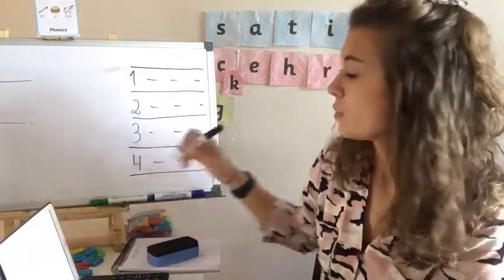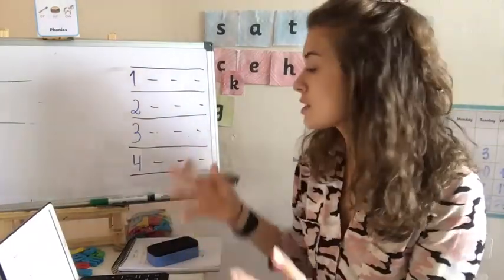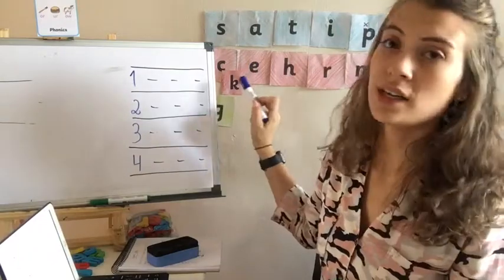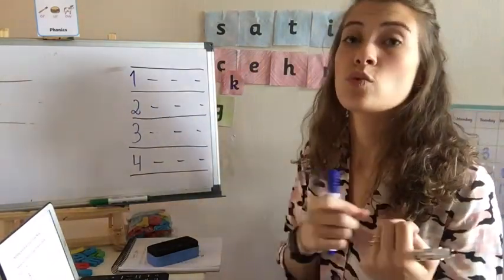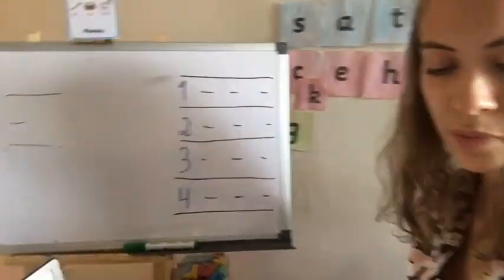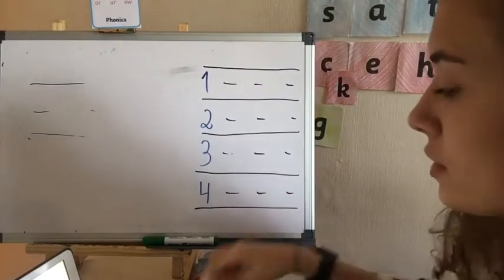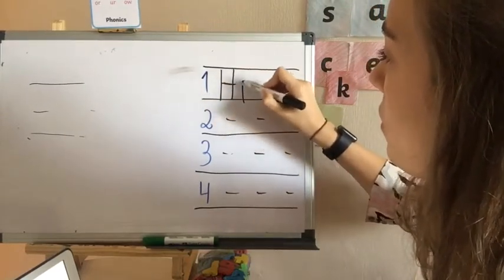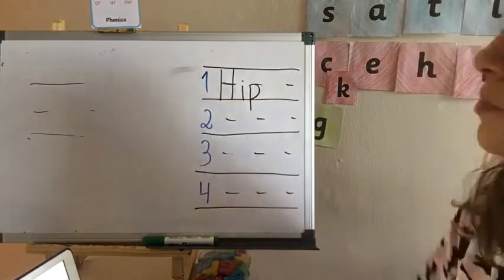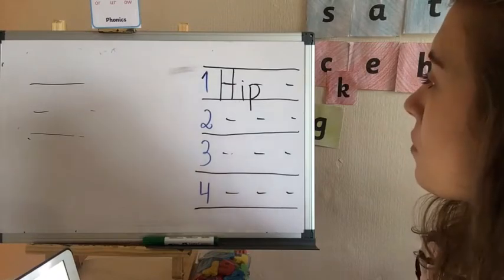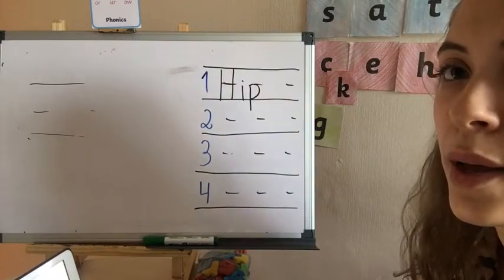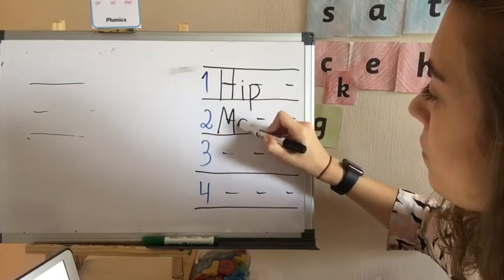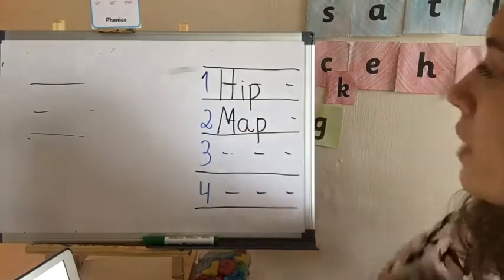Good. What I am going to do here is write these words down, and you are going to pick up your colored pencil and correct it if it's not written right, okay? The first one was hip. The second, map.